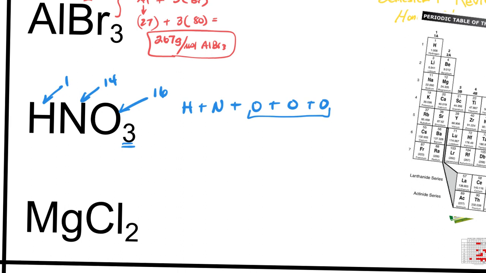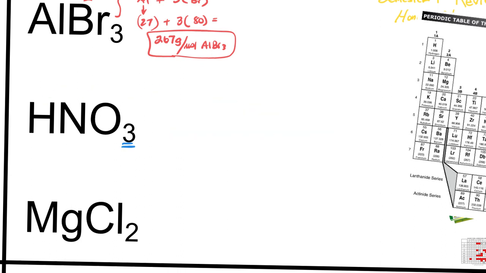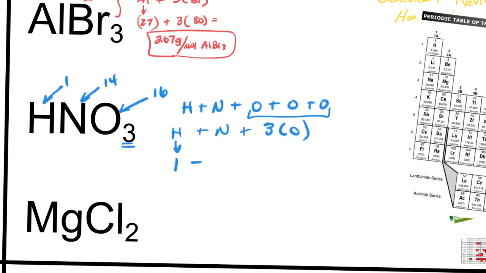I can rewrite the oxygens as 3 times the mass of oxygen, and I'm going to add that to the nitrogen, add that to the hydrogen. So here, replacing the symbols with the actual mass, I'm going to wind up getting a 1, plus for the nitrogen, it'll be a 14, and then plus 3 times the oxygen. Oxygen is 3 times 16. And so go ahead and evaluate all of these.